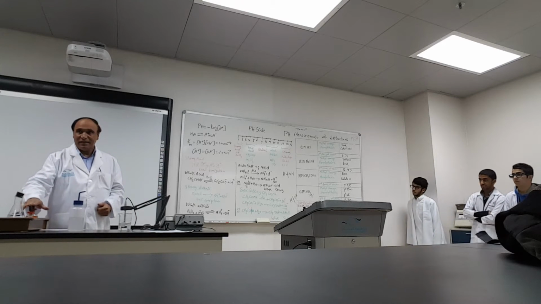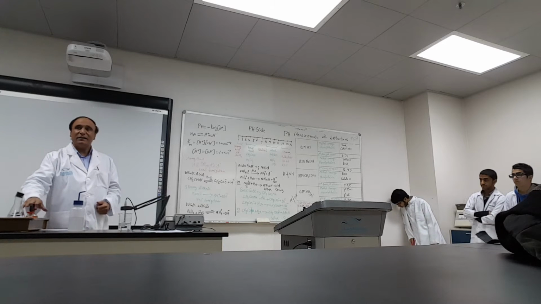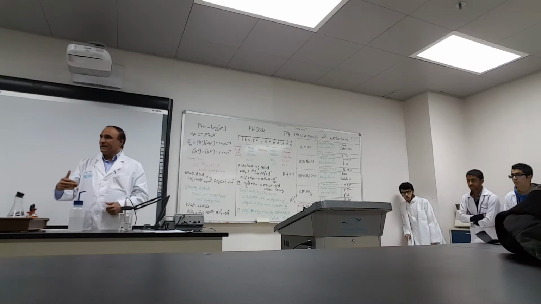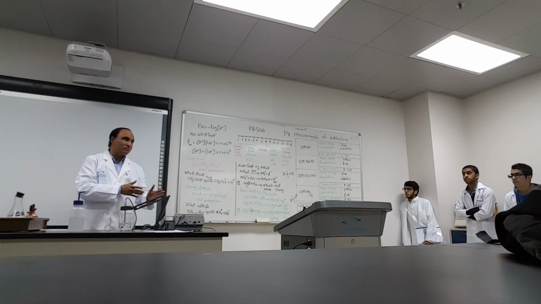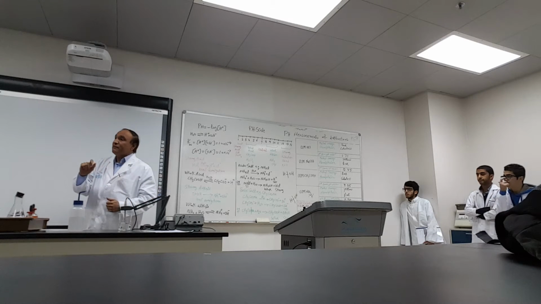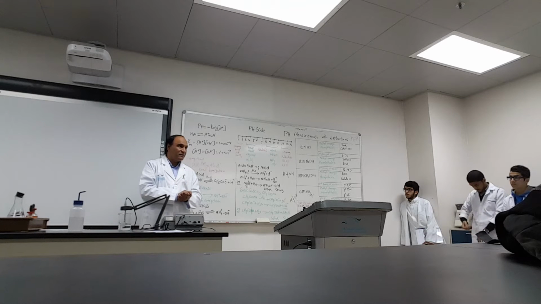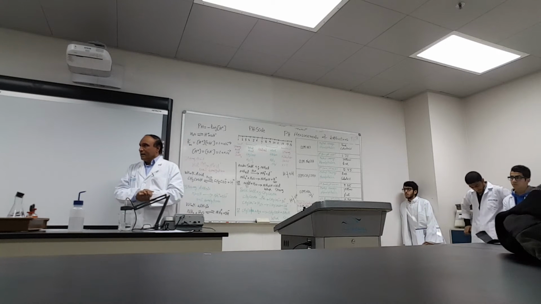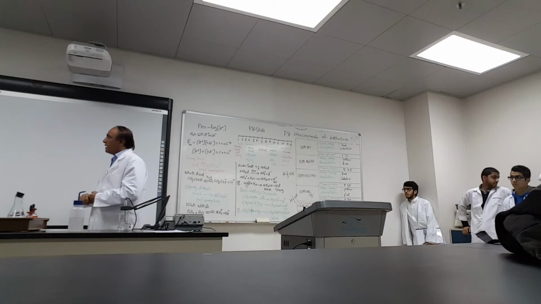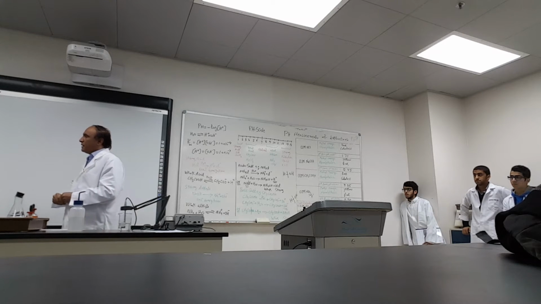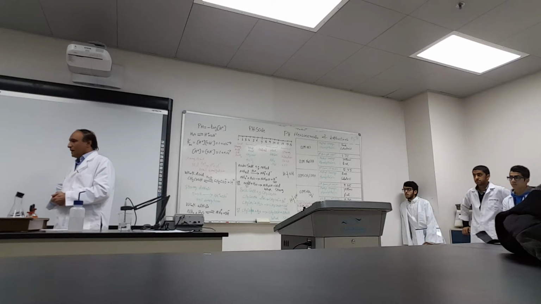So, I will show you the test of these acids and bases with the indicator, and you will see that the indicator will tell me this is acid, this is base. But the indicator will not tell me which is strong and which is weak. A color change will come. I will show you now.